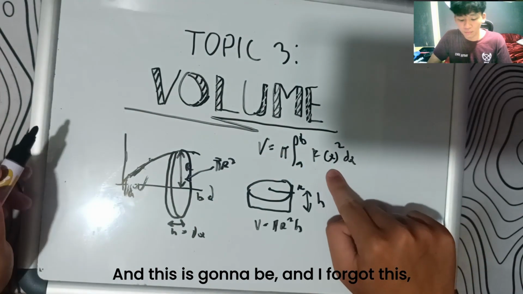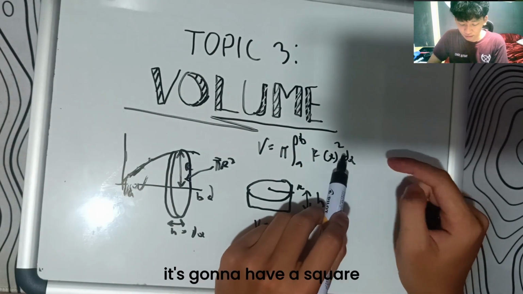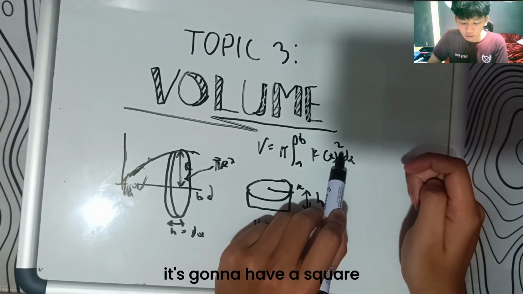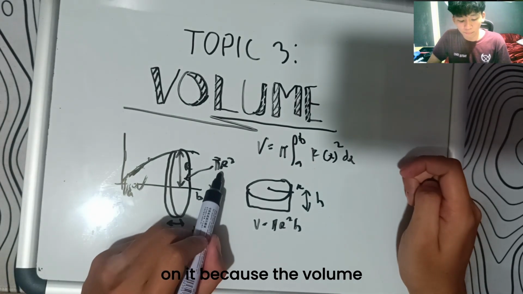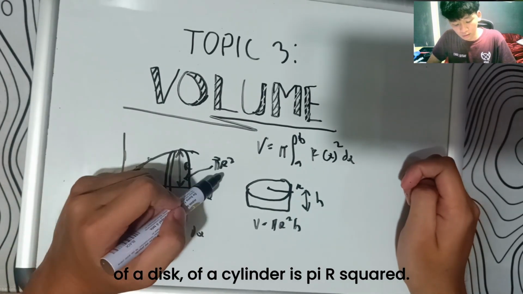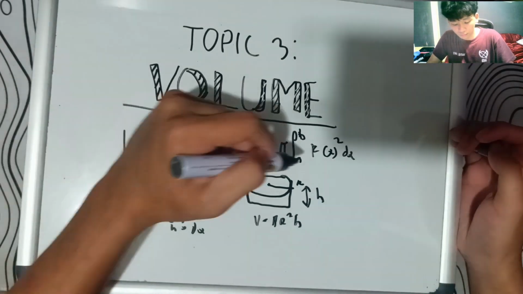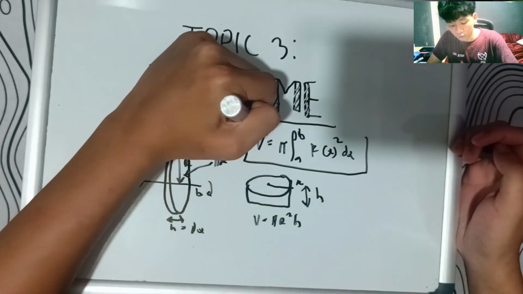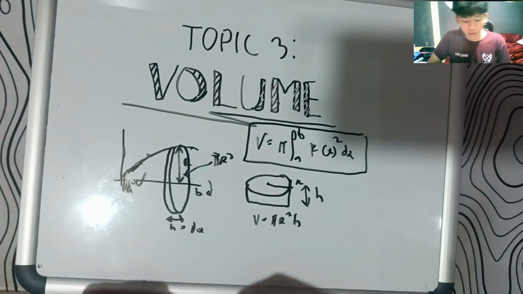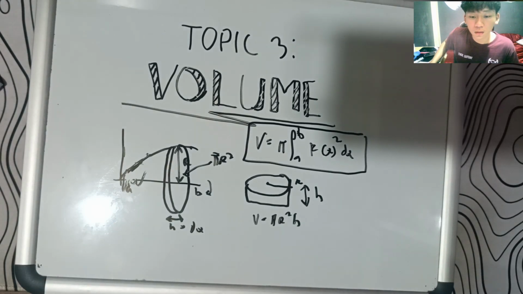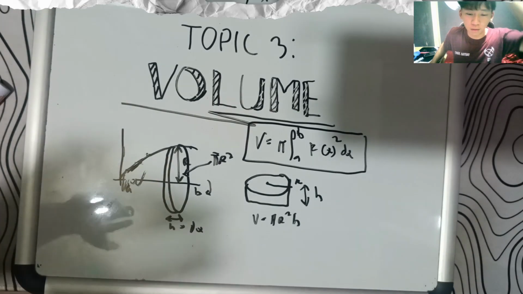And I forgot this, it's going to have a square on it because the volume of a disk, of a cylinder, is pi r squared. So this is the formula that we're going to use. Let's proceed to our problem.